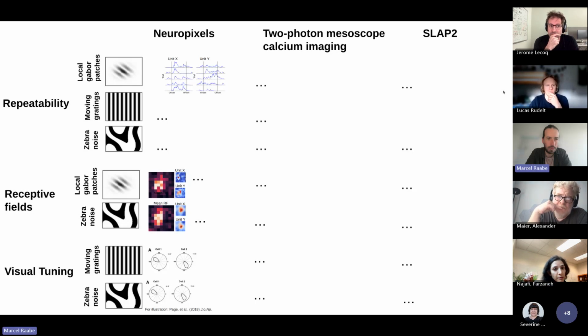I mean, I think there's overlap. One problem with this kind of analysis is that you can never show or test all the different kinds of features a neuron could potentially encode.